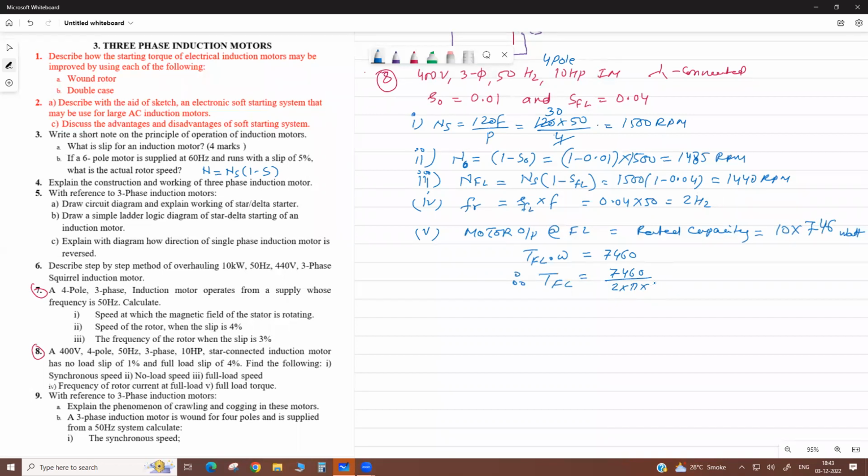N is your 24, because this is the speed at full load in RPM. When we calculate RPS, you divide by 60, so it comes to 24 RPS, because small n equals capital N by 60.